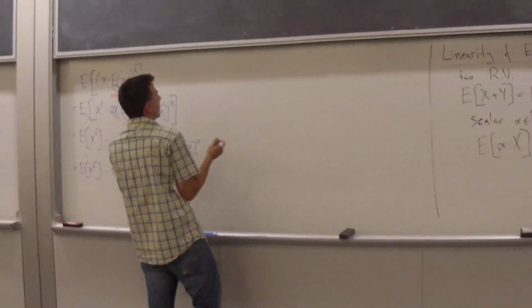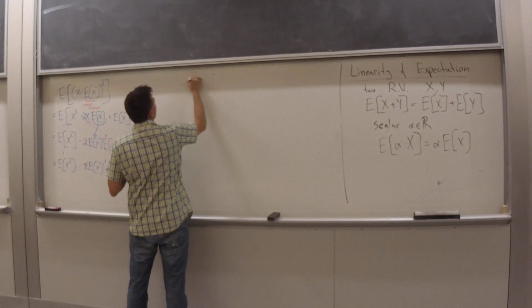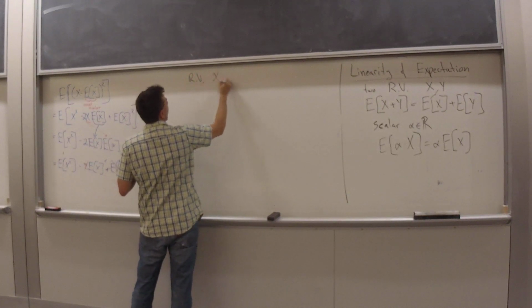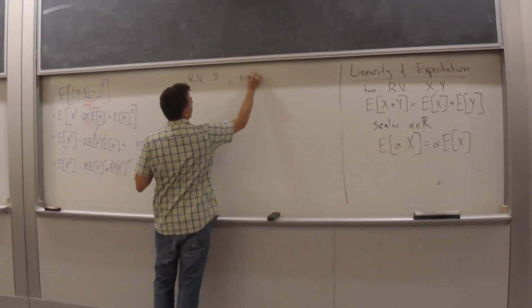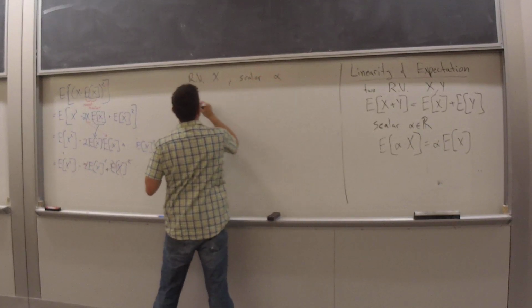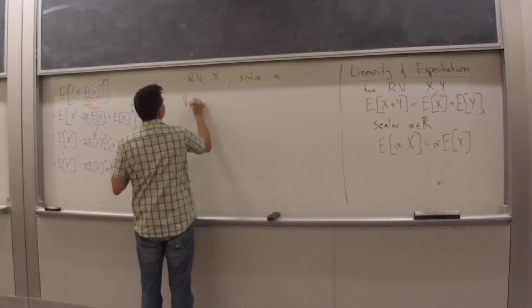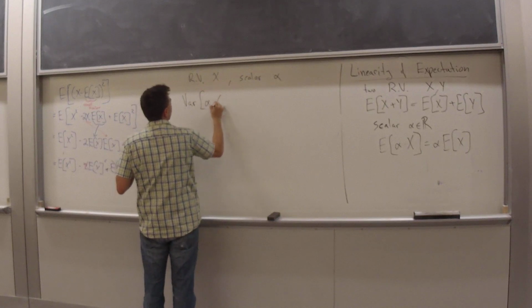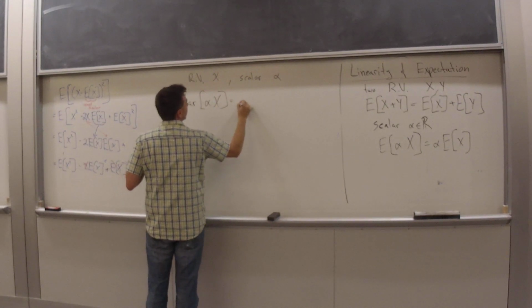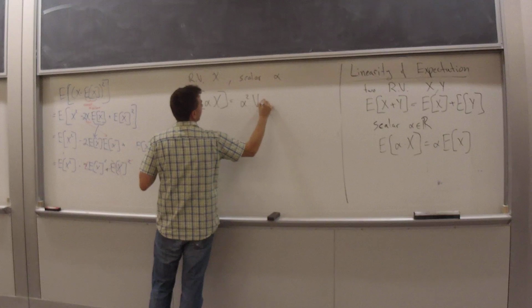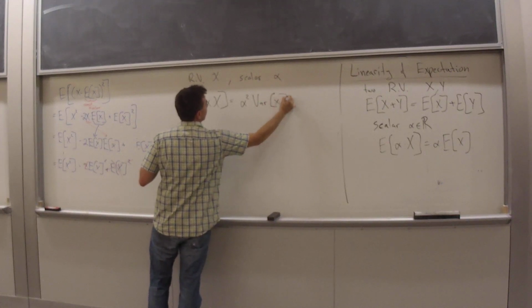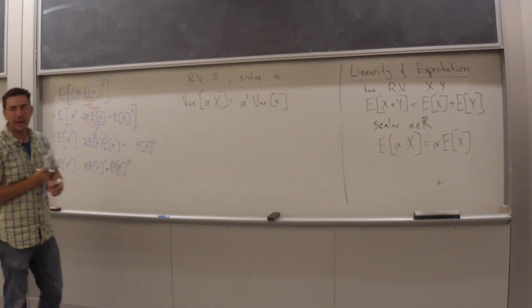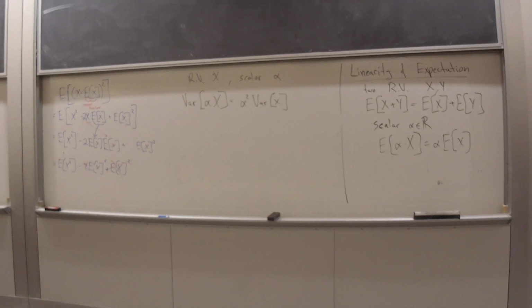If I have a random variable x and a scalar alpha, then the variance of alpha x is going to be alpha squared times the variance of x. So I can pull out a scalar, but when it gets pulled out, it's squared.